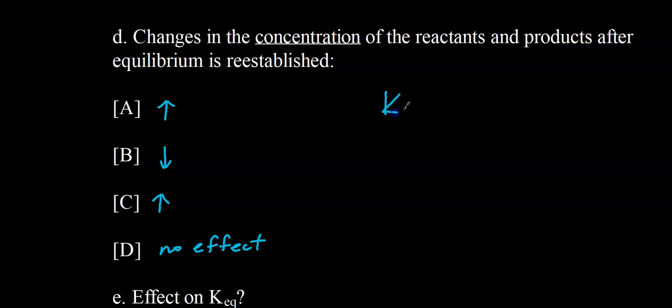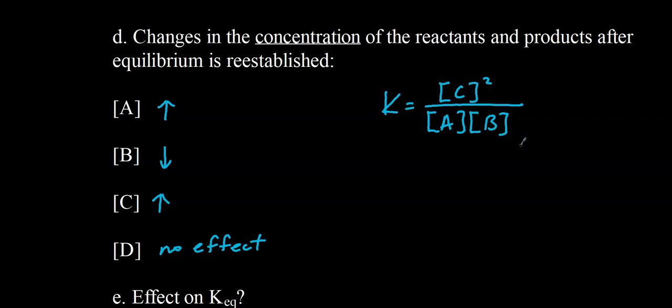Taking a look at our equilibrium expression, we have the concentration of C squared over the concentration of A times the concentration of B. Now, if I recall, K's value depends only on one thing, and that one thing is temperature.